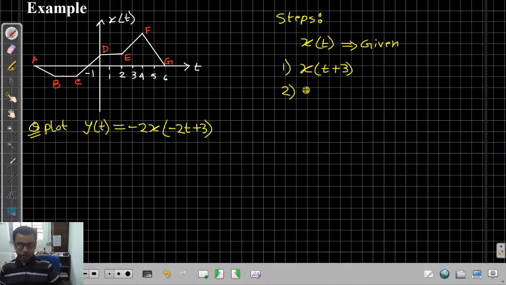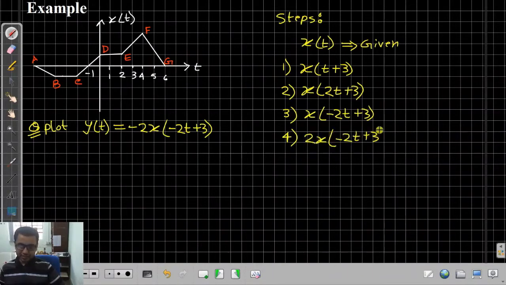Then you draw x(2t plus 3), then x(-2t plus 3), then 2x(-2t plus 3), and finally -2x(-2t plus 3).